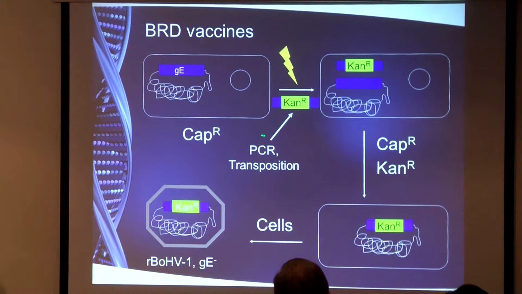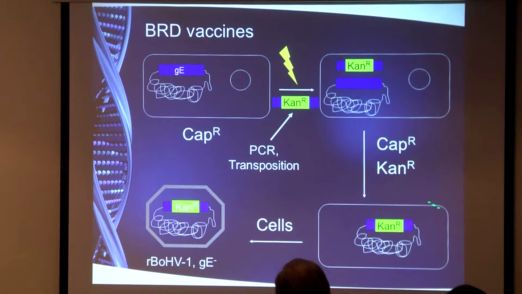And we are replacing it with an antibiotic resistance cassette in this case. We can either generate that through PCR or using transposition. We target that into the gE locus in the genome. We then double select, one for the infectious clone, the other for our transgene.